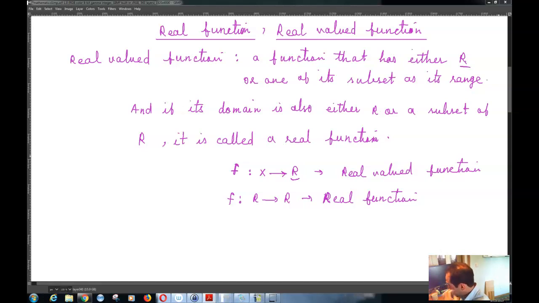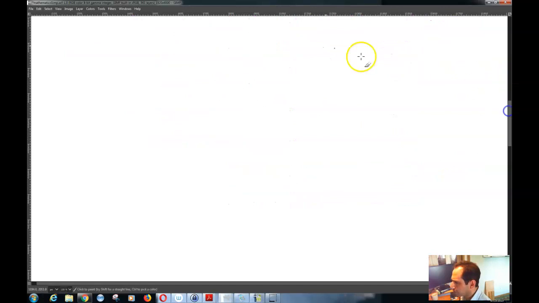Now, as an example, it says let N be the set of natural numbers. So, for example, you have the set of natural numbers.